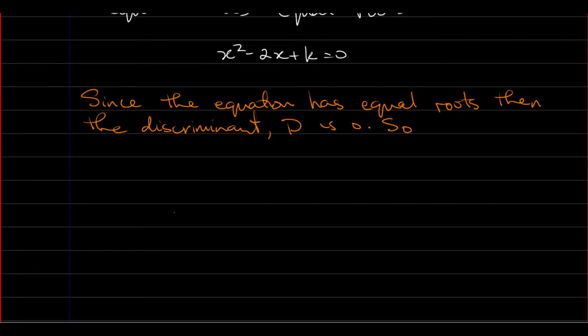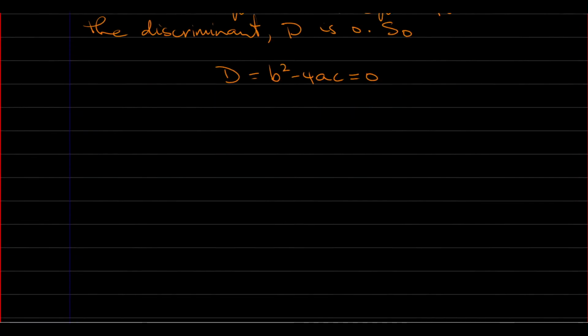So we can see something like d is equal to b squared minus 4ac is also equal to 0. And from there, we can say from the equation, we know that a is equal to 1, b is equal to minus 2, and c is equal to k.